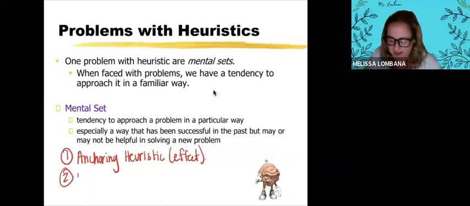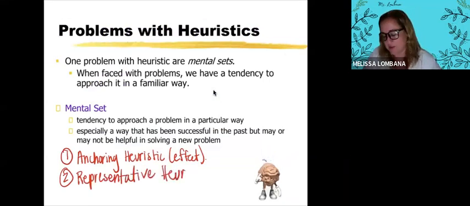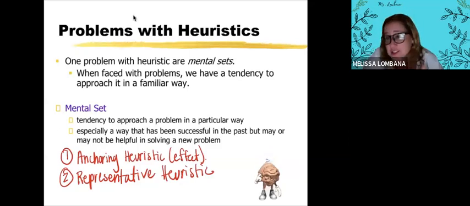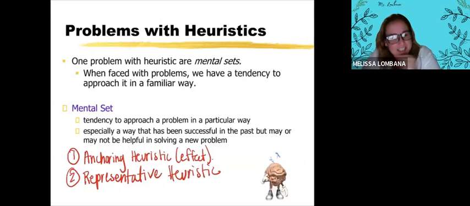All right. The next one is what's called representative heuristics. Okay, and this is where you get to hear my funny stories of how these lovely heuristics got me in some situations that were quite interesting and a little funny. But you will hear about that in class. We're going to start with representative heuristics.